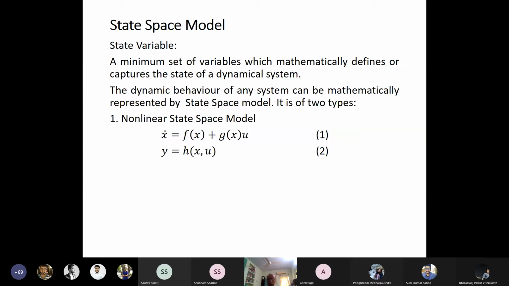So the nonlinear state space model contains two sets of equations. The first set is the state equations, and the second set is the output map or output equations. This is the form which is control affine.